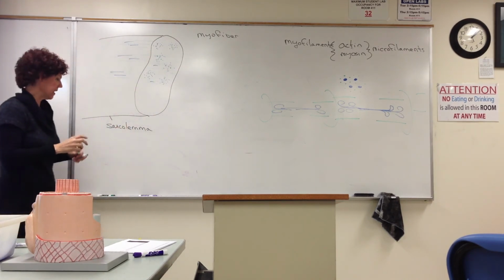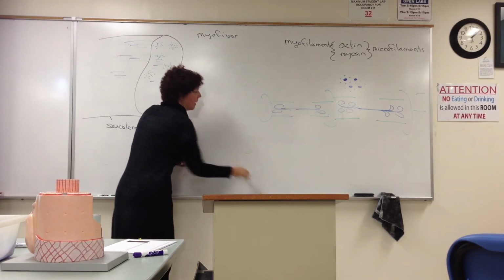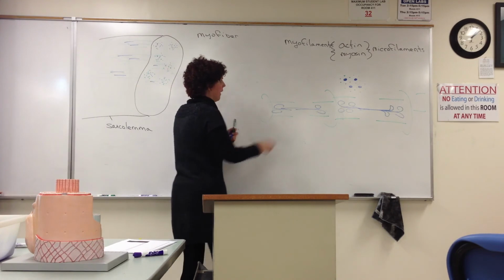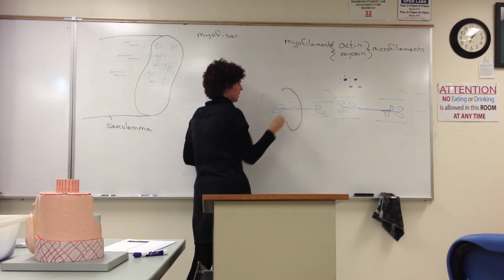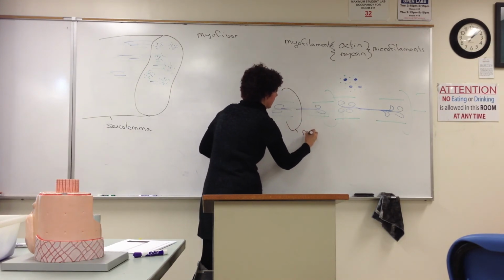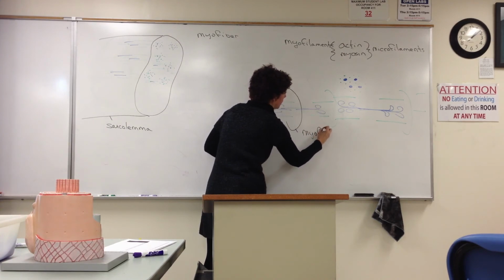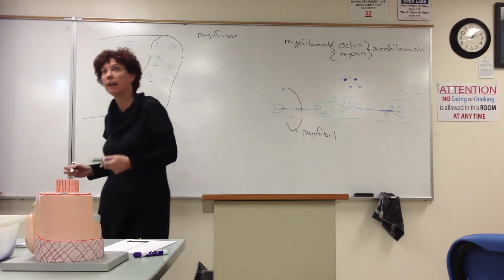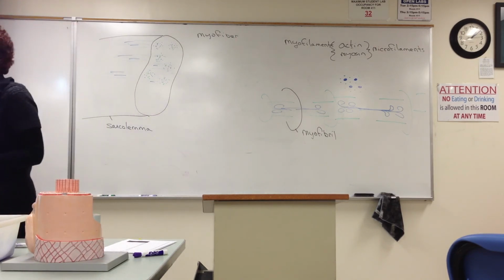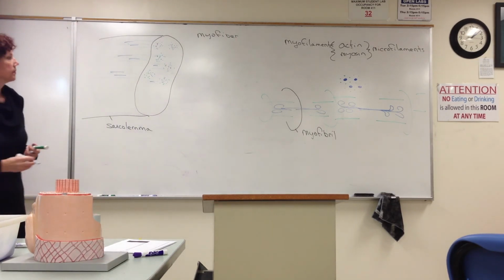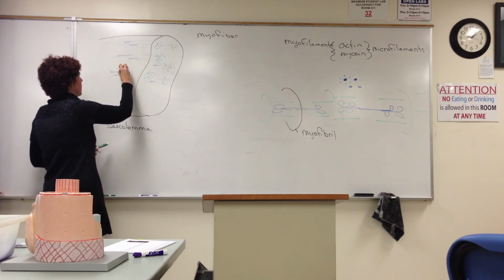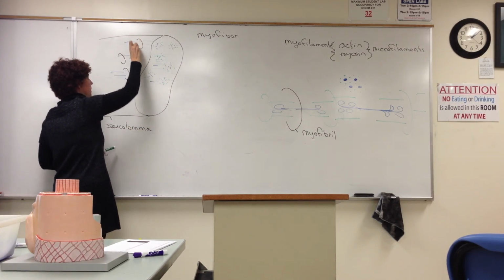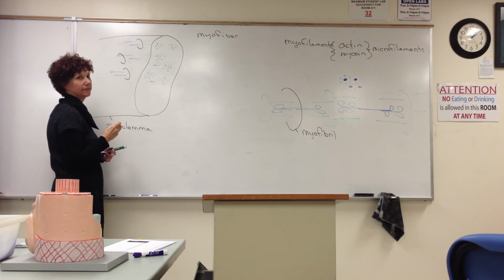All right, so this entire arrangement, what I've shown here, a bundle of actin and myosin, is known as a myofibril. I know, we're going from myofibers and myofibrils and myofilaments. So this would be a myofibril. This would be a myofibril. This would be a myofibril. Okay?